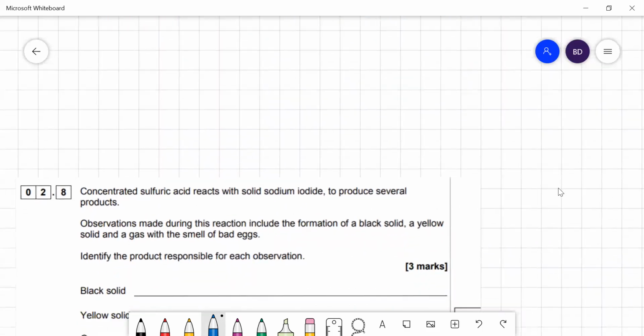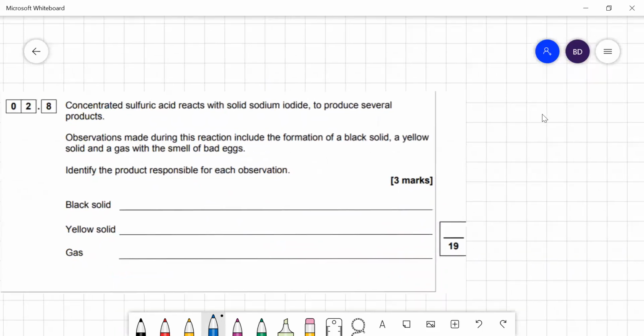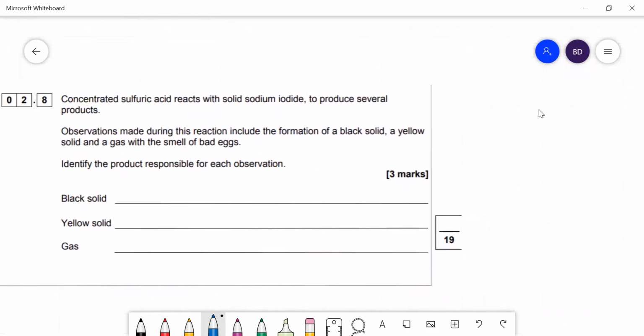Conc sulfuric reacts with solid sodium iodide to produce several products. Now, this is an oxidation, isn't it? So it oxidizes I minus to I2. And in the process, the sulfuric acid is reduced because it acts as an oxidizing agent.